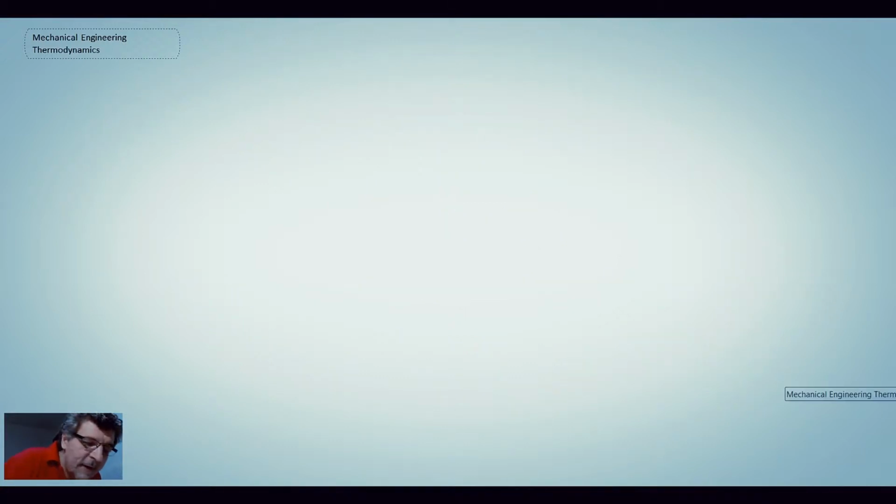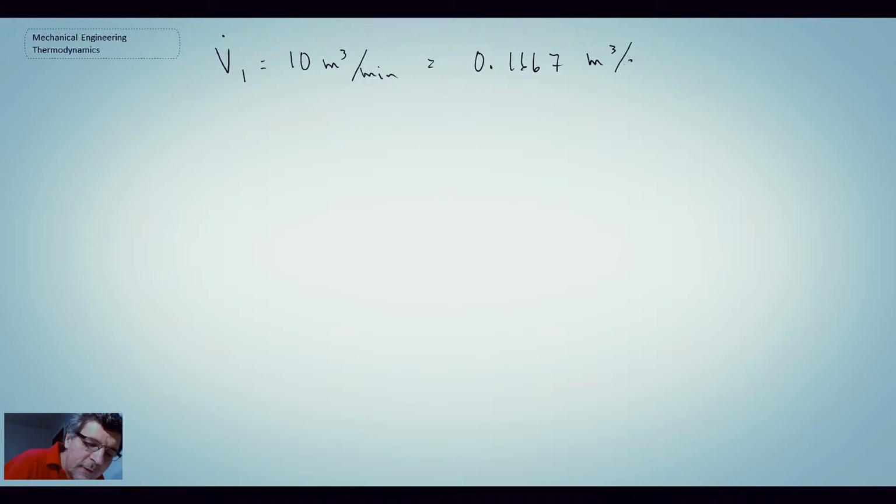If I look at the volumetric flow rate coming in, we're told that it was 10 meters cubed per minute, which translates into 0.1667 meters cubed per second. From that, we can determine the mass flow rate of dry air, and that is going to be in kilograms per second.